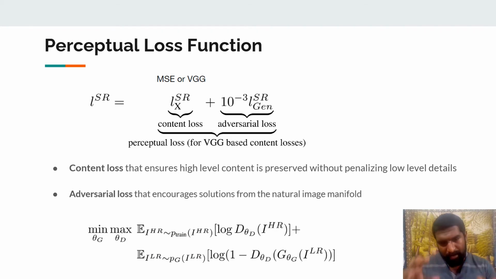Through this adversarial function, which you can also see in the equation below, we trick the discriminator into thinking that the SR image, the super resolution image, is real, so that the super resolution image looks convincing enough to be a real image.